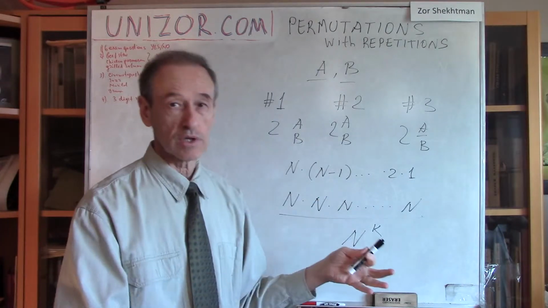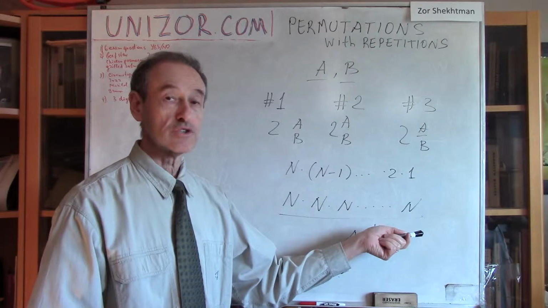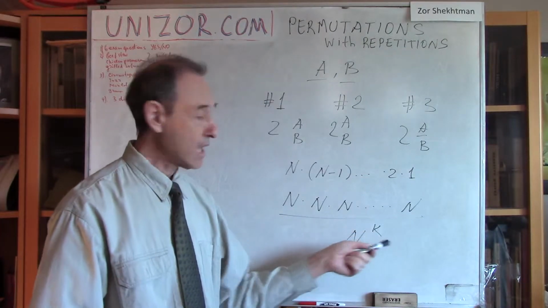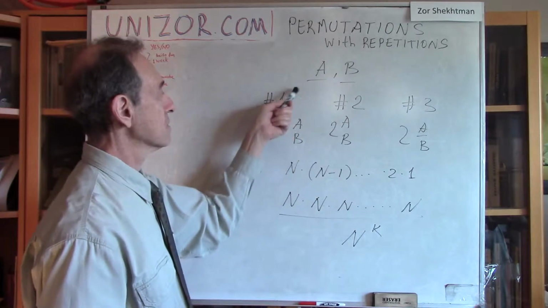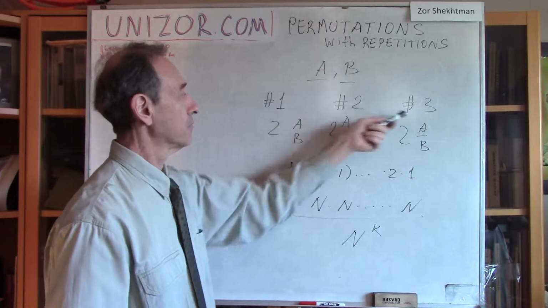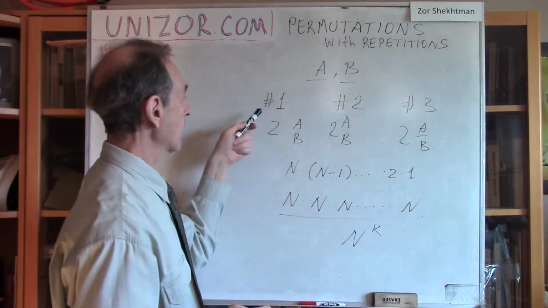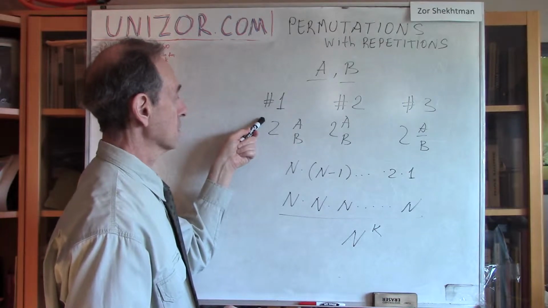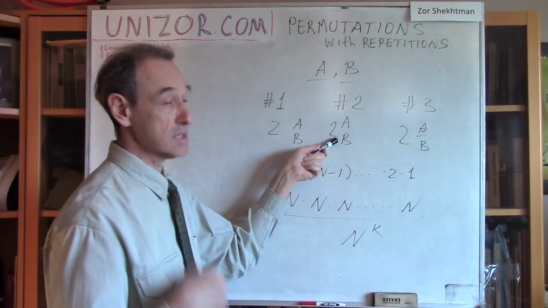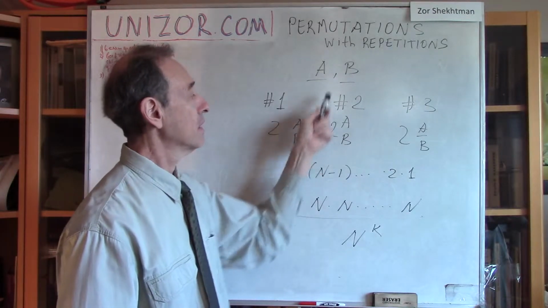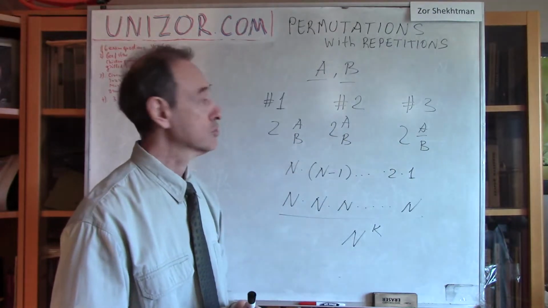Whatever the length of the group is, for every member I have exactly the same number of choices, and if the length of the group is k, it's n to the power of k. In this particular case, the number of letters in every word is 3, so I have two choices for the first letter, and for each of them I have the same two choices for the second letter in the word, and for every pair, I have exactly 2 choices for the third.